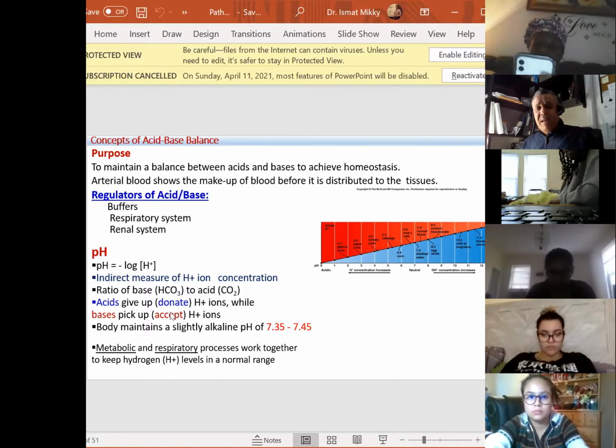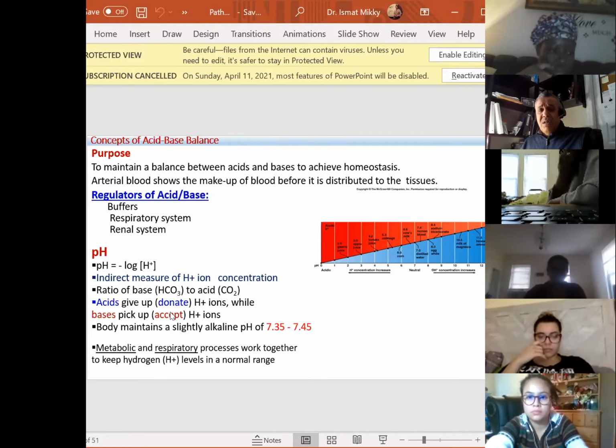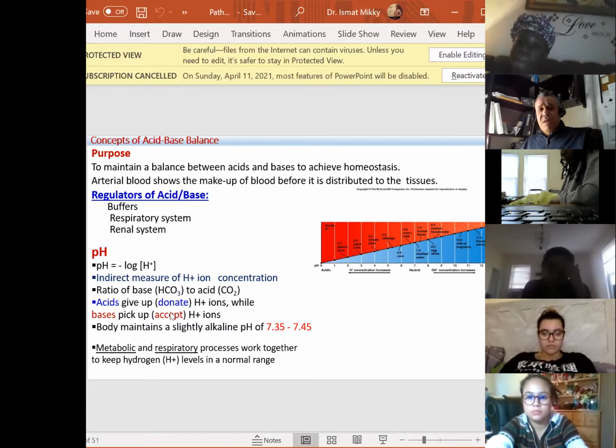So let's start from the beginning, with the basic concepts of ABGs. The acid-base balance in our body is maintained by three main components: the pH, the partial pressure of CO2, carbon dioxide, and the partial pressure of PaO2.